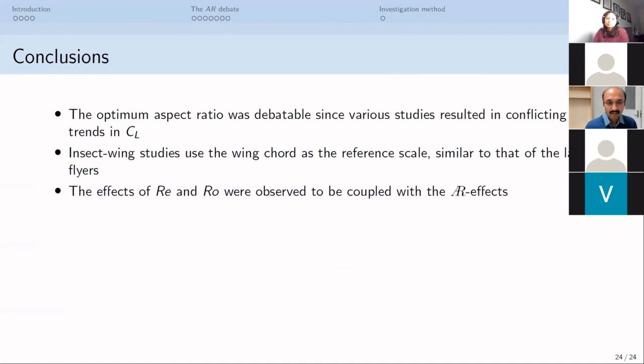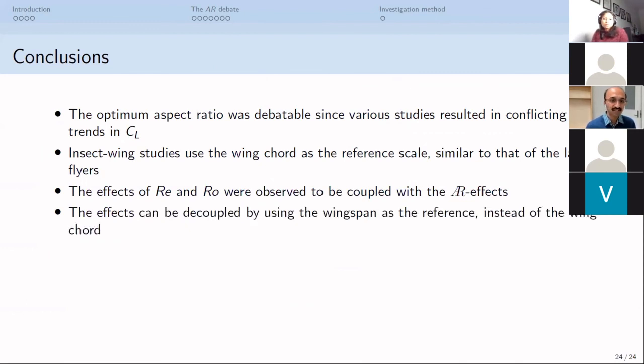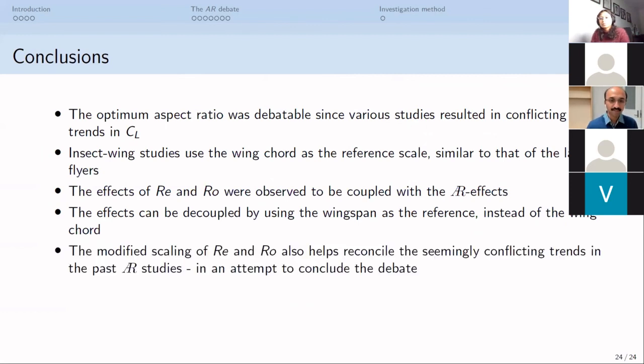And previous and the current study also show that the effects of Reynolds and Rossby numbers are coupled with the aspect ratio effects, and those can be decoupled using wingspan as more relevant scale to the insect wing aerodynamics instead of the chord. So our modified scaling of Reynolds and Rossby numbers help reconcile those seemingly conflicting trends. And with this, we have attempted to conclude the debate around the optimum aspect ratio.